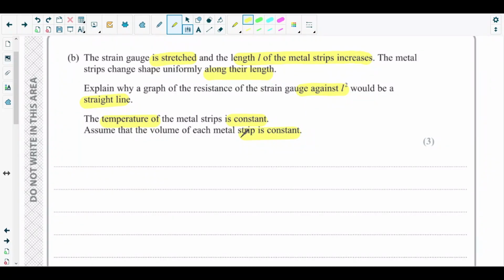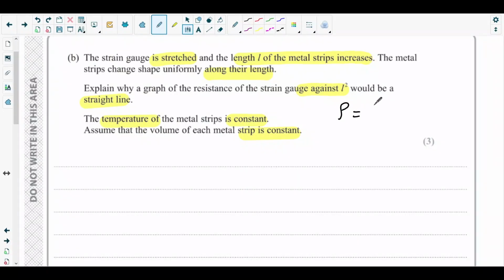For the resistance against L squared, you have to relate the resistance and the length of the strips. We can relate resistance with L squared using the formula of resistivity.